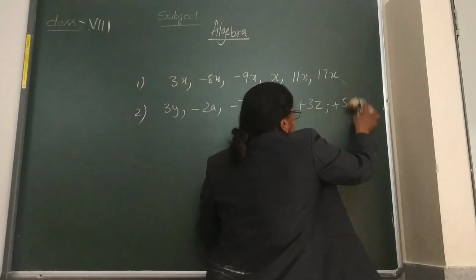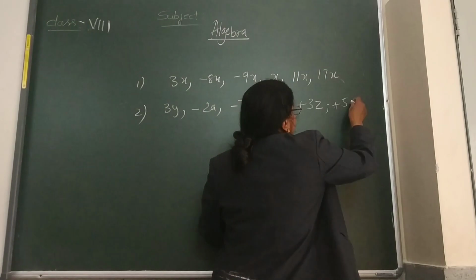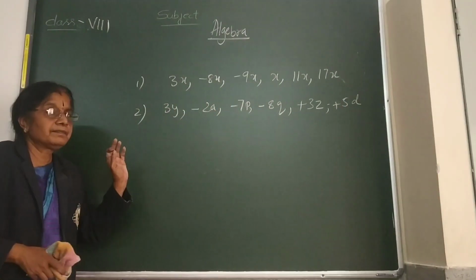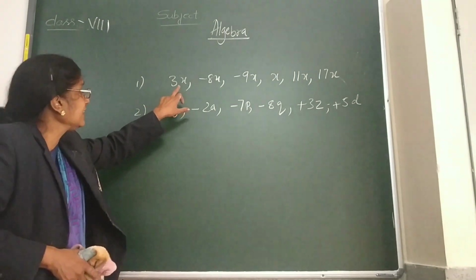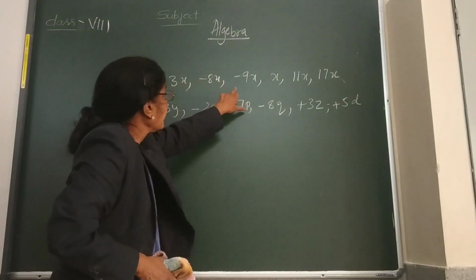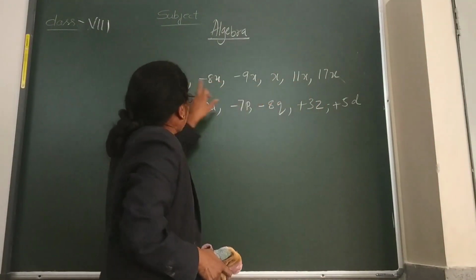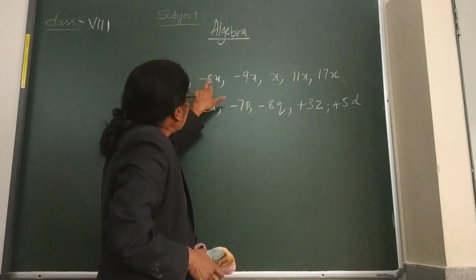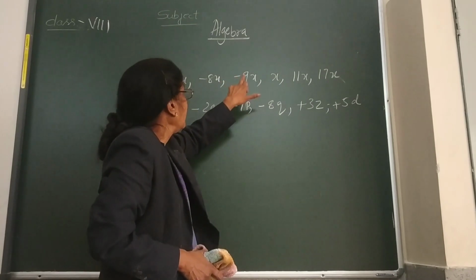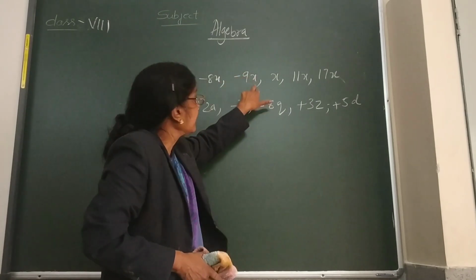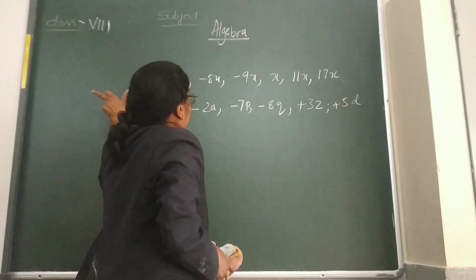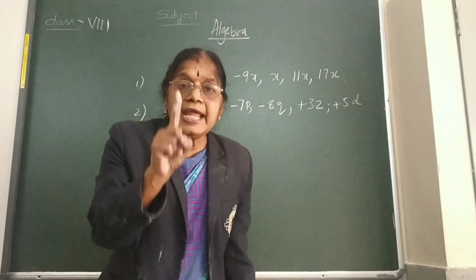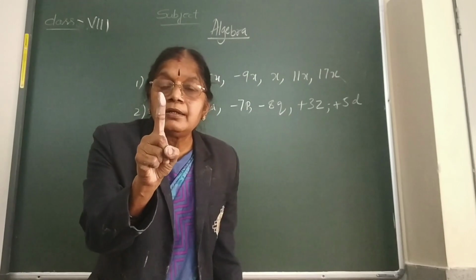See the first example: in each term the variable is the same. 3x, minus 8x, minus 9x are all in the variable x. So in the first example, all the terms have the same variable.